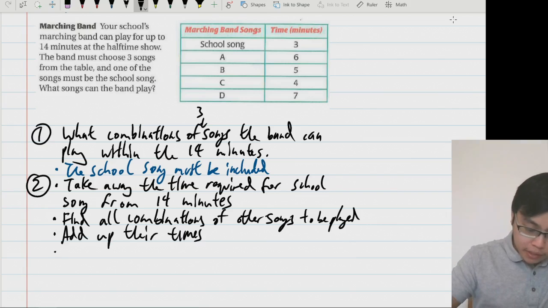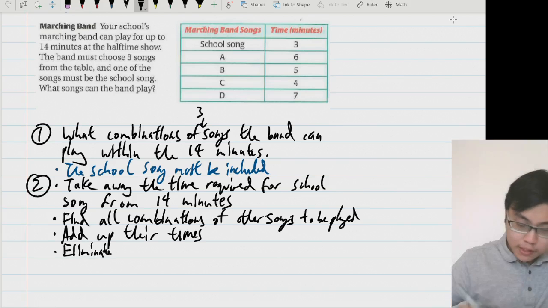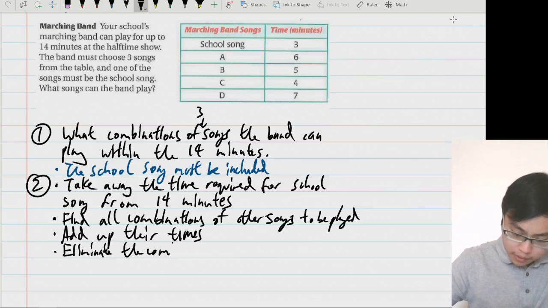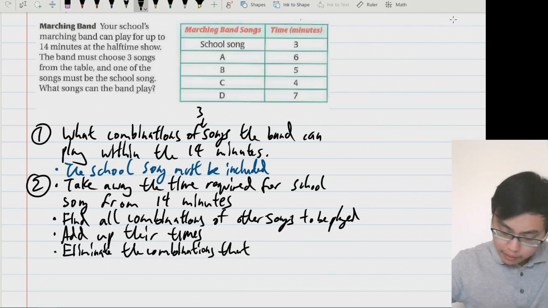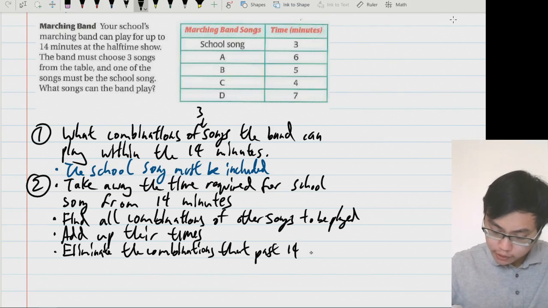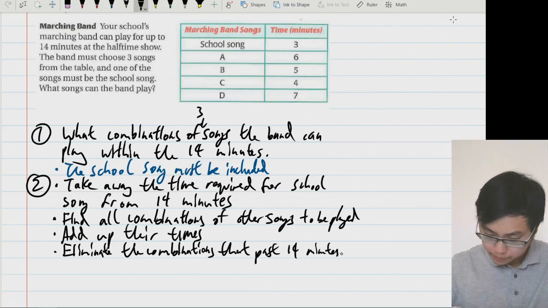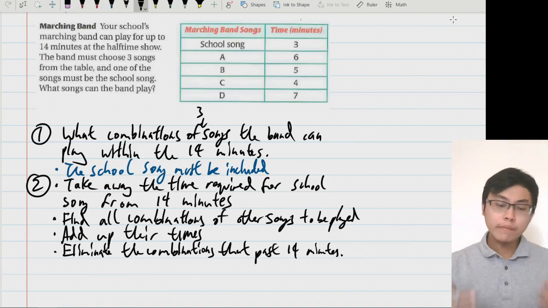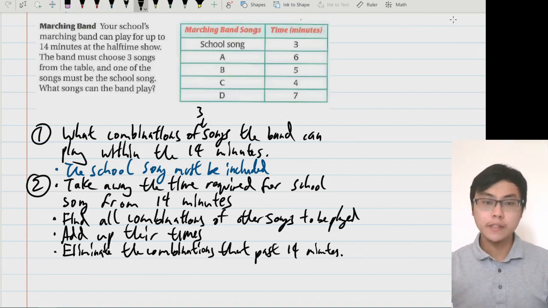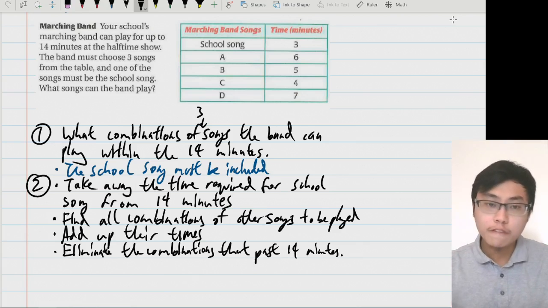And then lastly, we want to eliminate the combinations that pass 14 minutes.